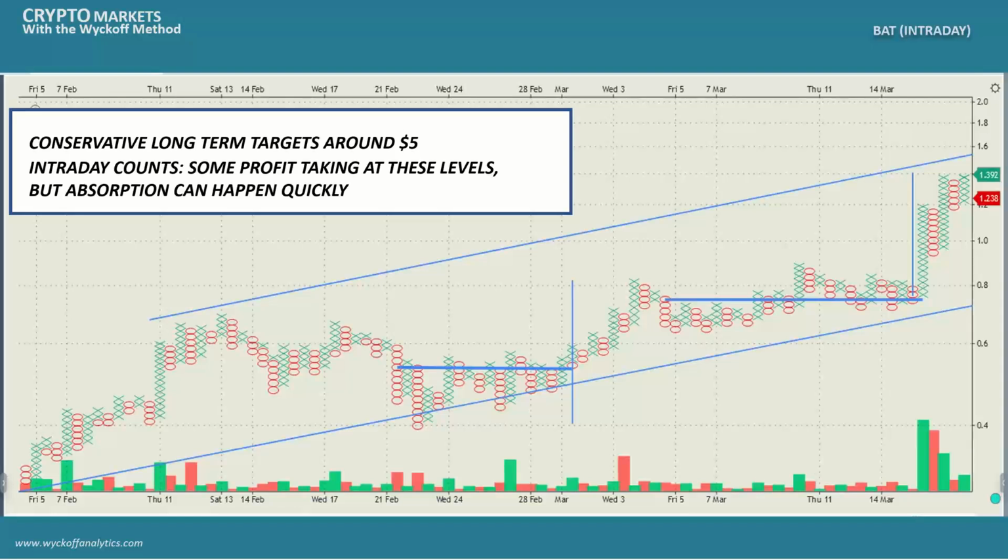Failure would come with big bars to the downside with a lot of supply signature, or maybe after a vertical climactic run. But along the way, as Alessia has said, it's very reasonable to take some profits. If it doubles, you can take a little bit off and just decrease your risk.